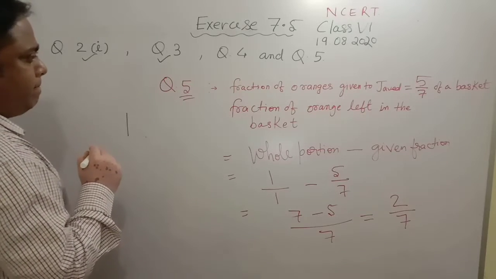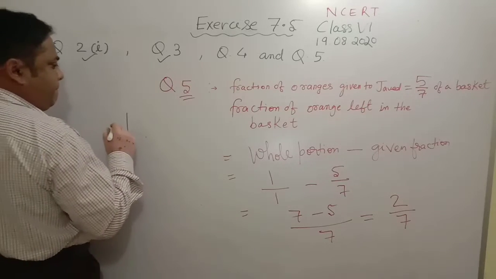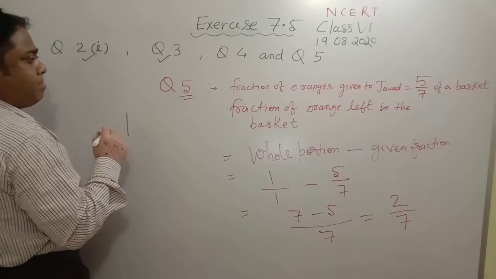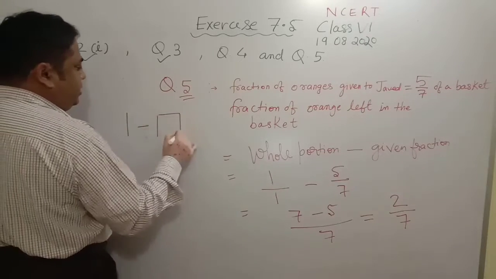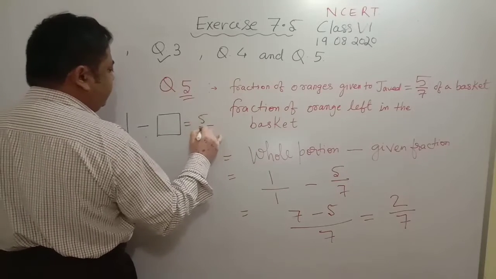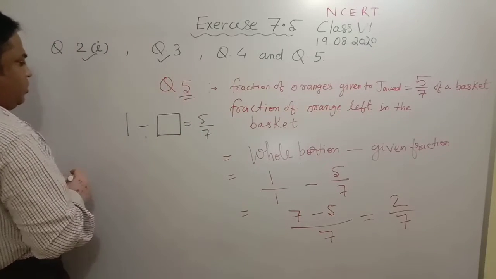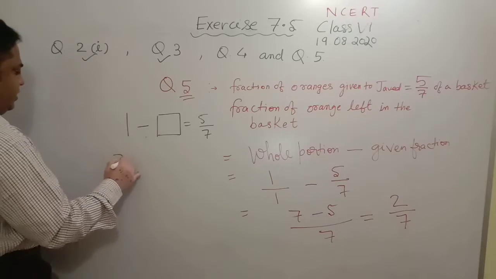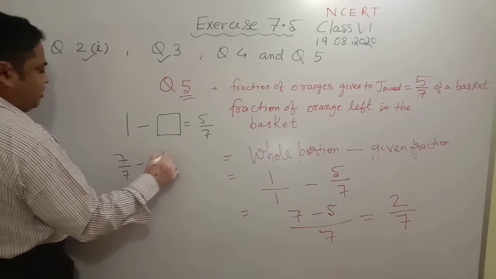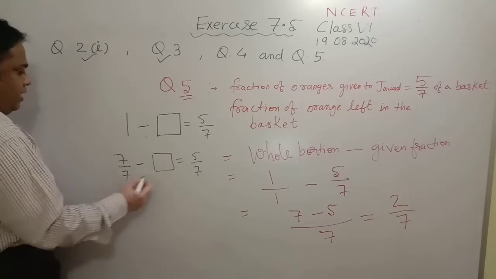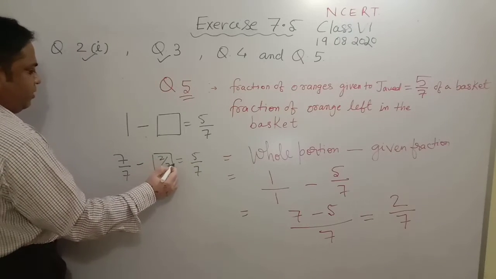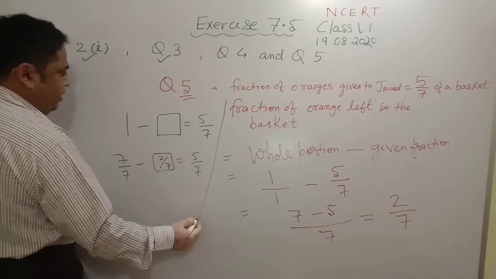So one minus box is equal to 5/7. So we can write here 7/7 minus box is equal to 5/7. Very clearly it will be equal to 2/7. So this is another way.